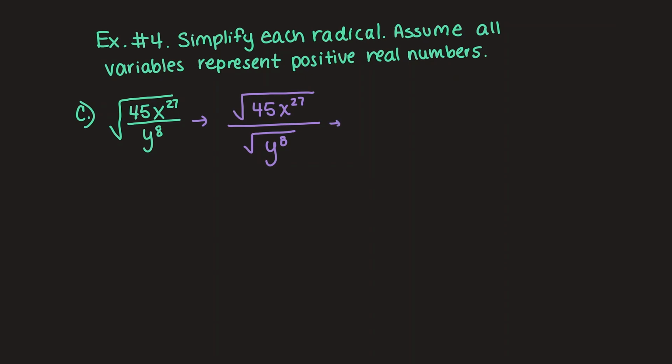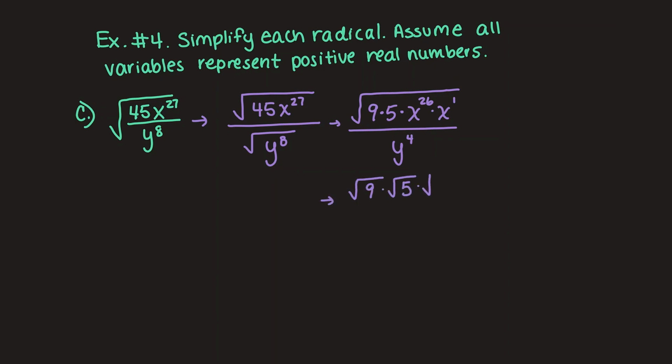So we can rewrite the numerator as the square root of 9 times 5 times x to the 26th times x, and the square root of y to the 8th simplifies to y to the 4th. And then we use our product rule on the numerator and simplify.